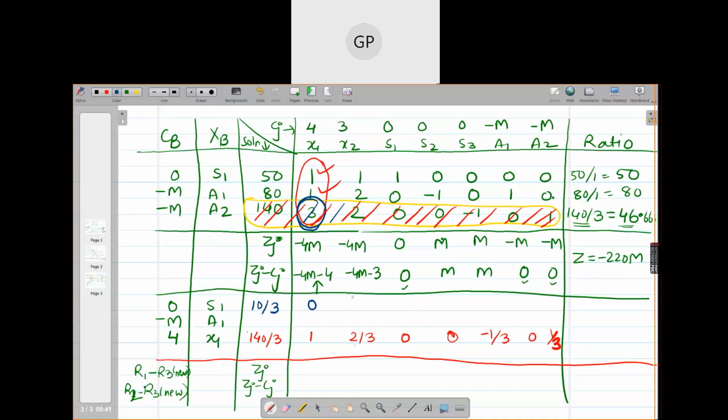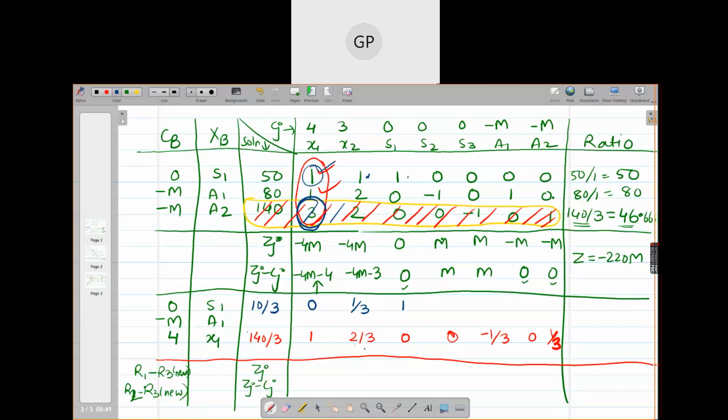Yes. Next, girls, this is 0, correct? This 1 minus this, 1, 0. Then this 1 minus 2 by 3. So that is 1 by 3.